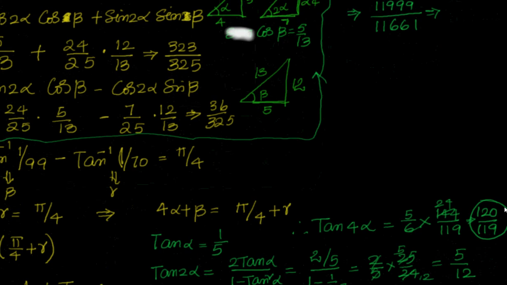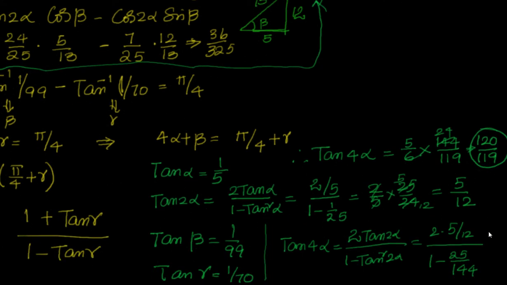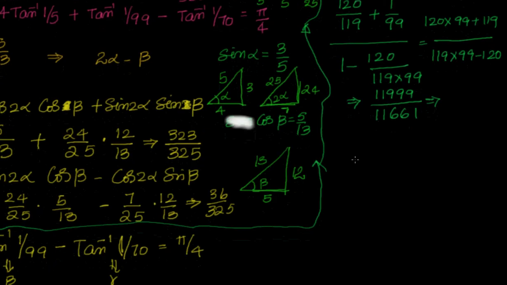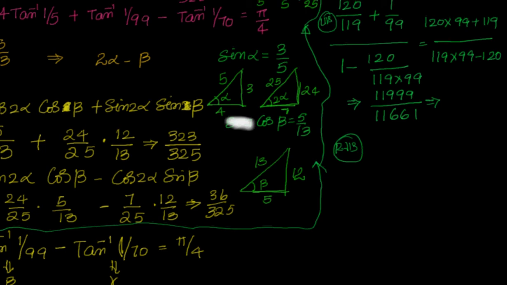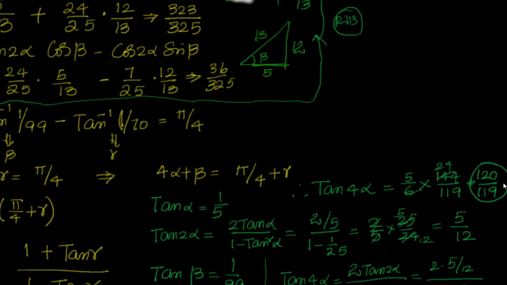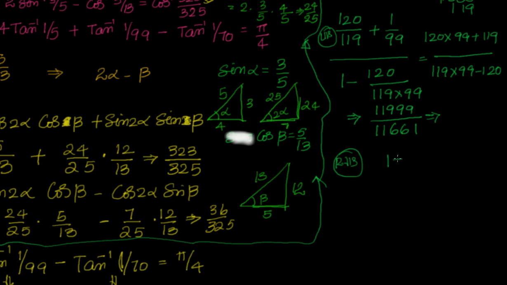On the other side, what is the right hand side? 1 plus tan gamma by 1 minus tan gamma. This is RHS, this is LHS. RHS is 1 plus tan gamma, where tan gamma is 1 by 70. So 1 plus 1 by 70 by 1 minus 1 by 70, that is nothing but 71 by 69.